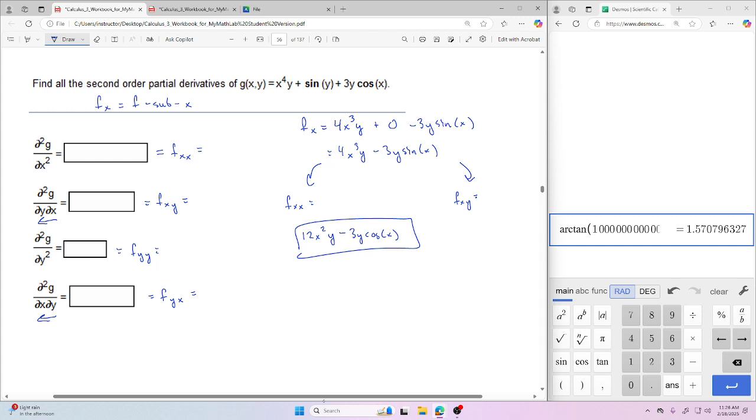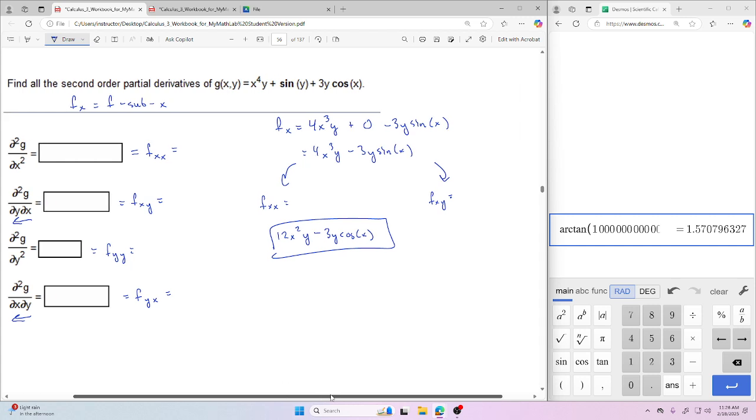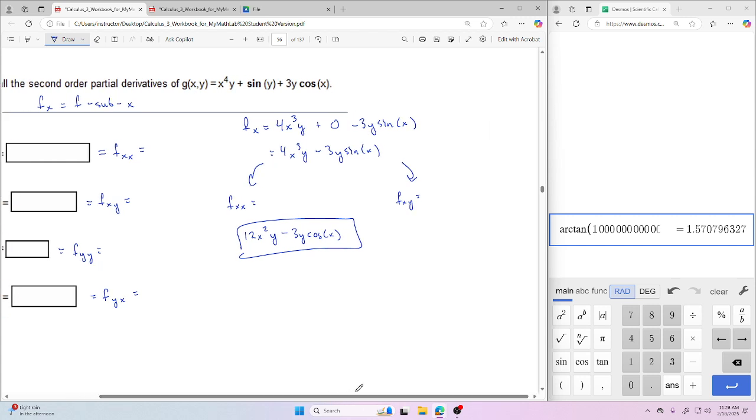Wait, Chad, we can factor out a 3y. Nah. Good point, though. Now, if I looked at this for my y, what would I have now? Wouldn't that just be 4x? Oh, cute. Good, good. That would be minus 3 sine x.